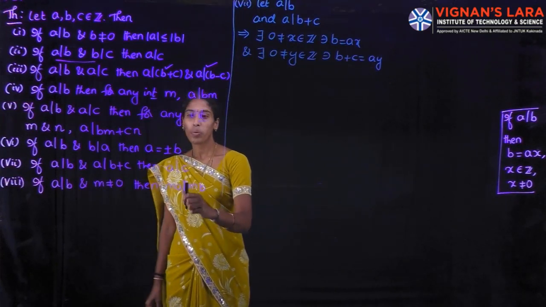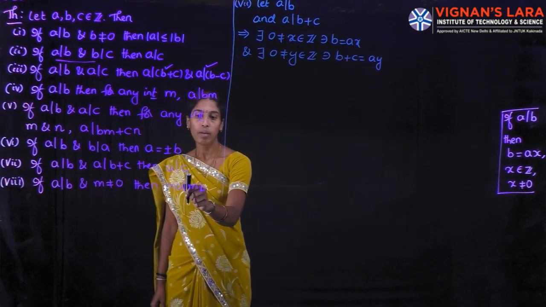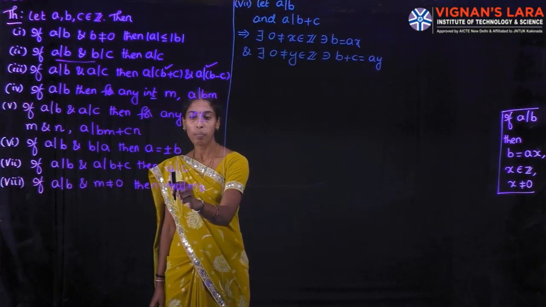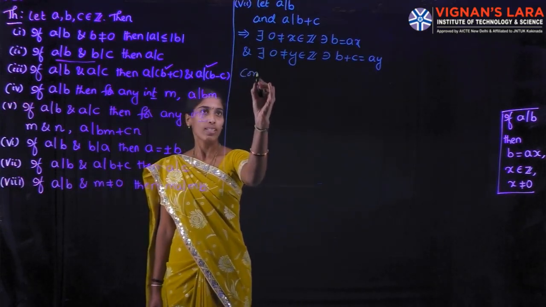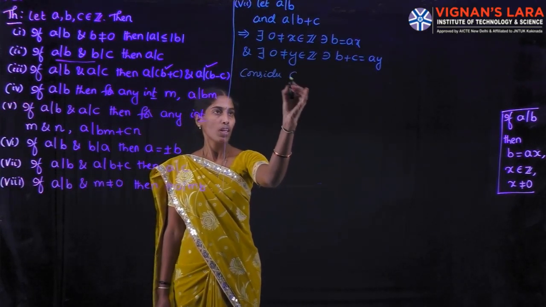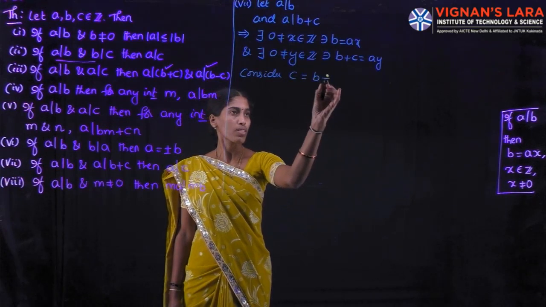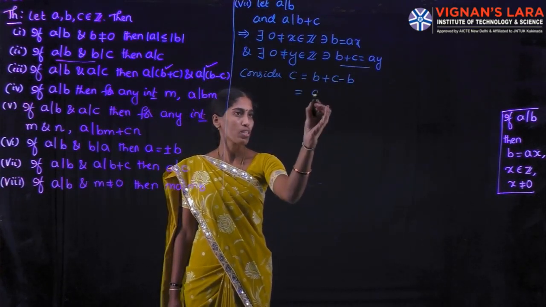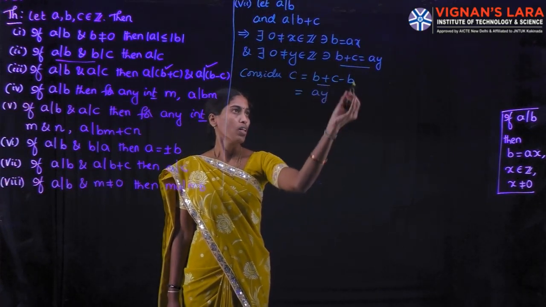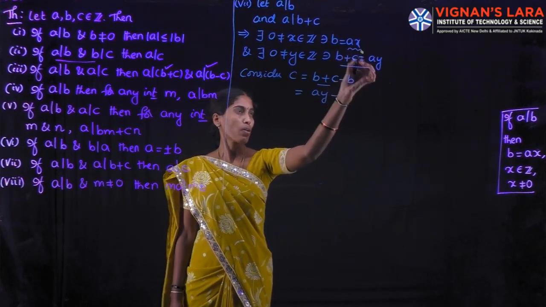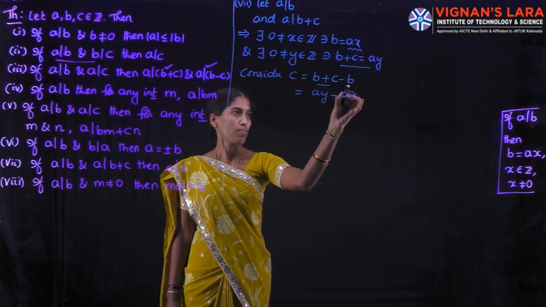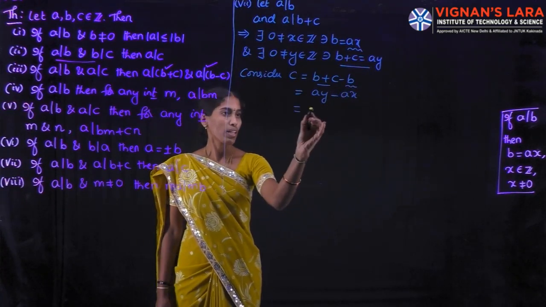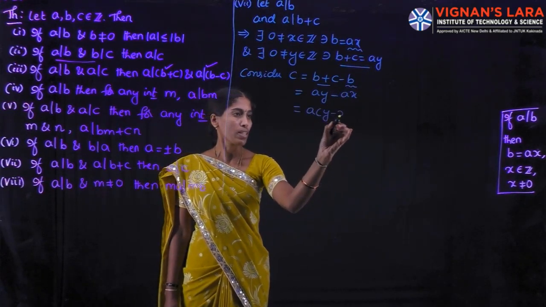Now we need to prove that A divides C, meaning that C is a multiple of A. So consider C. C can be written as B plus C minus B. B plus C value from this is AY, minus B value from this is AX, which can be written as A into Y minus X.